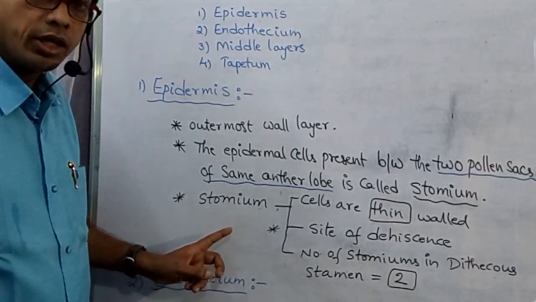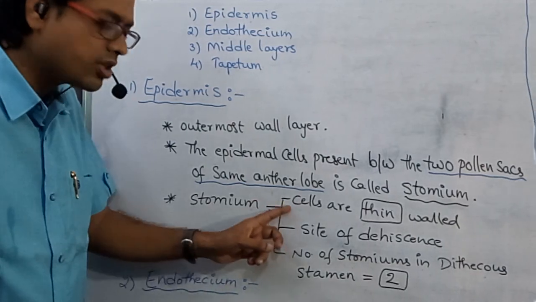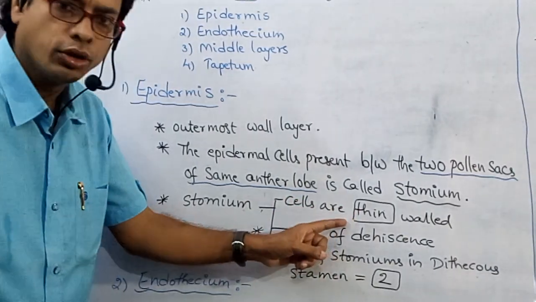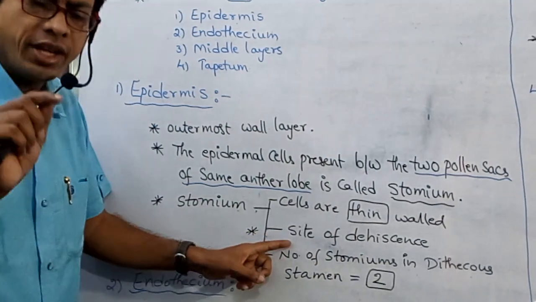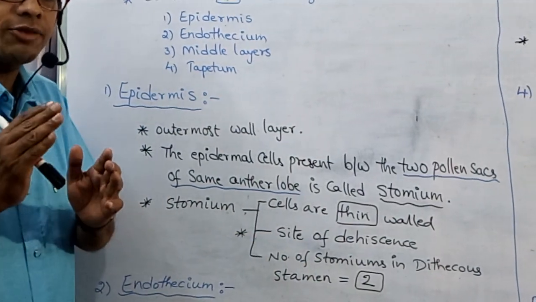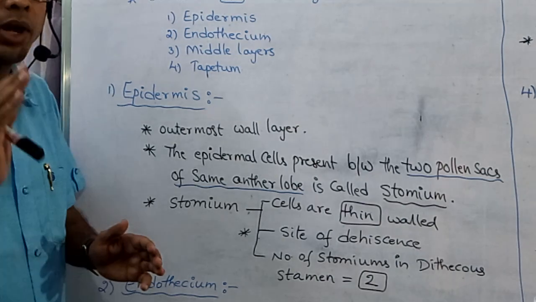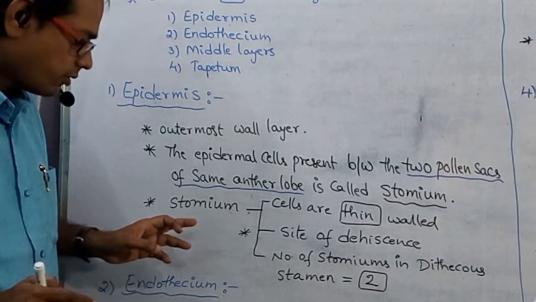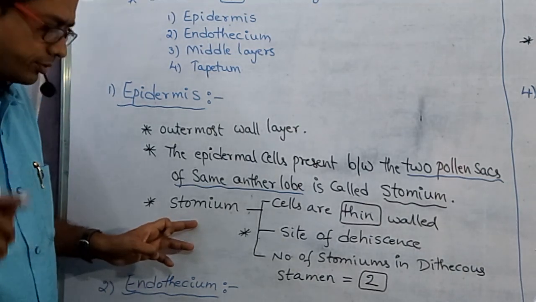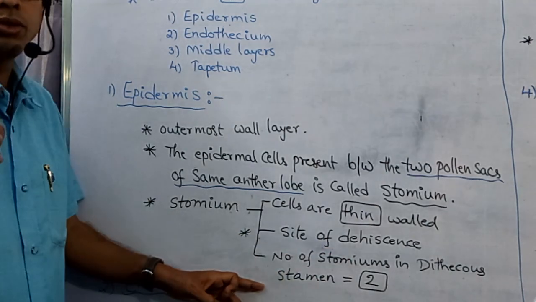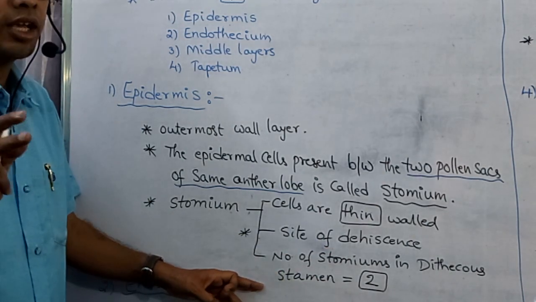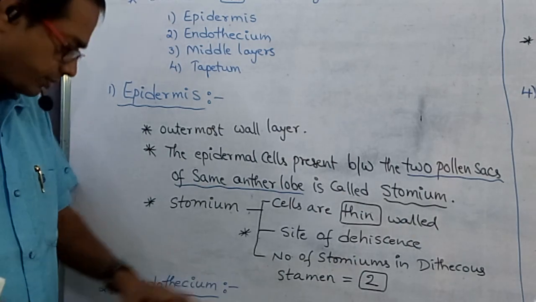What are the points related to stomium? Stomium cells are thin-walled. Don't say thick-walled. It is the site of dehiscence. That means dehiscence of the pollen sac occurs at the stomium. Number of stomia in a dithecous stamen is 2, while in monothecous it is 1.